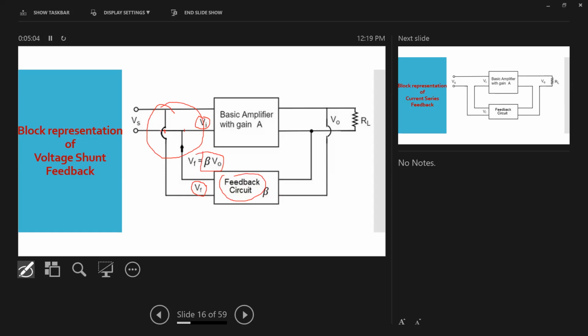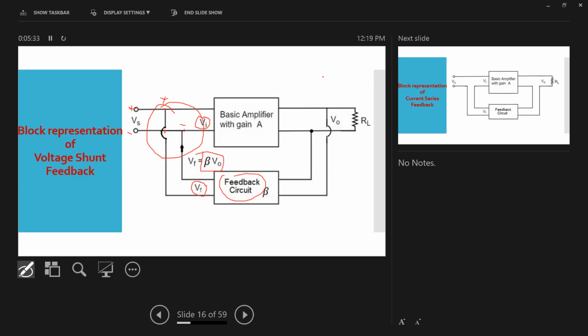And that feedback voltage is connected here on the input side in parallel to your supply voltage. You can see that supply positive will be connected here, supply negative is connected here. Similar to that, feedback voltage positive will be connected here and feedback voltage negative will be connected here. So you can see that supply voltage and your feedback voltage, they both will be coming in parallel. That is what we call a shunt connection. And that's why it is called voltage shunt feedback.